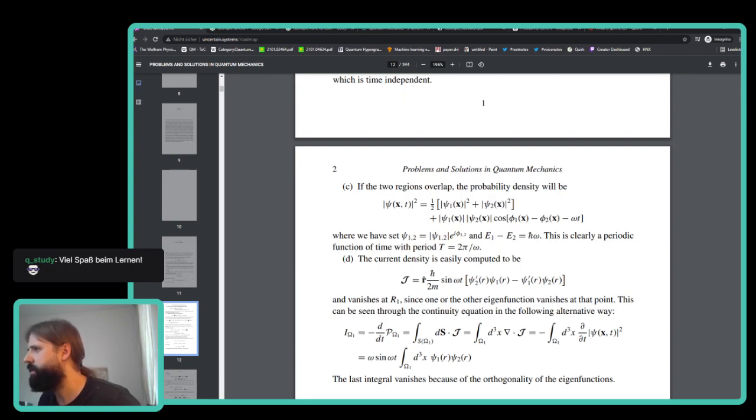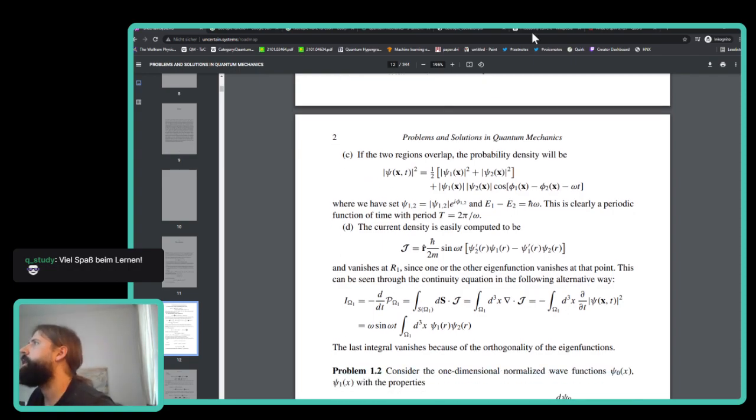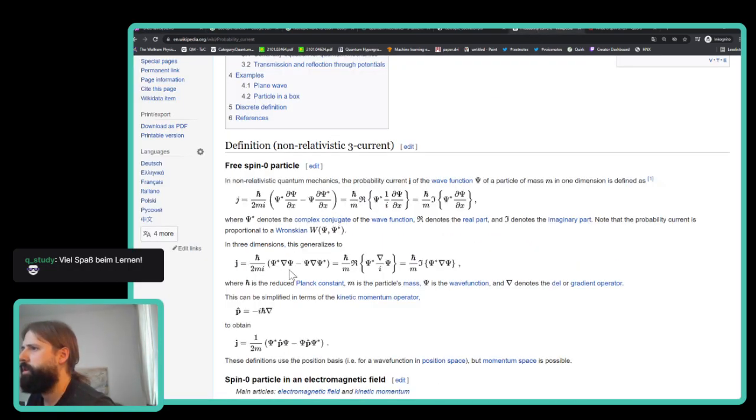This can be seen through the continuity equation in the following alternative way. The current density is computed to be, okay, so this is definitely one of these. No, what? There's a sine. Okay, so it's not a spin 0 particle.